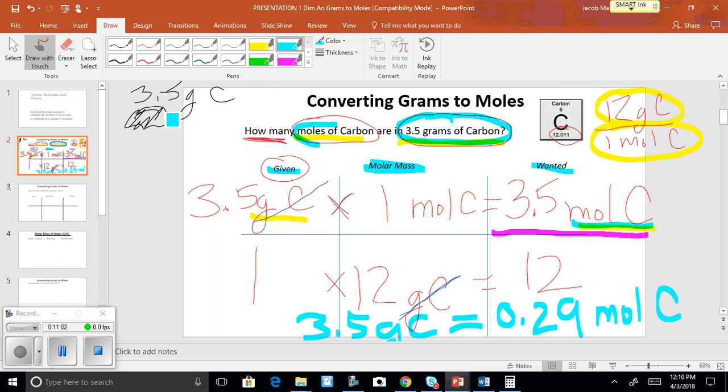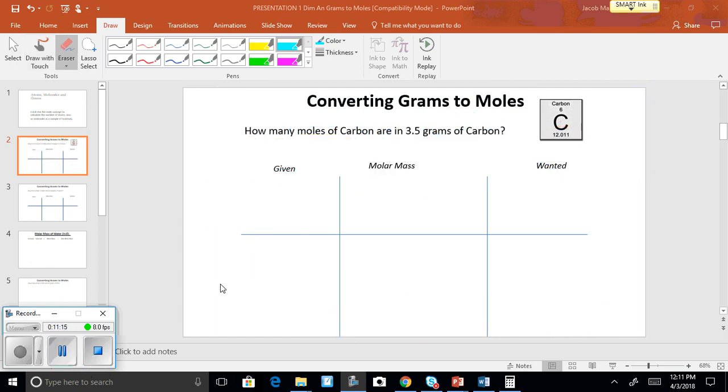Okay, so I figured out how many moles of carbon are in 3.5 grams of carbon. All right. So you can pause right here. You can copy everything down if you need to a little more. I'm going to erase this.